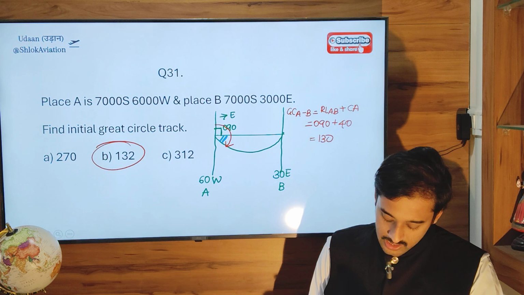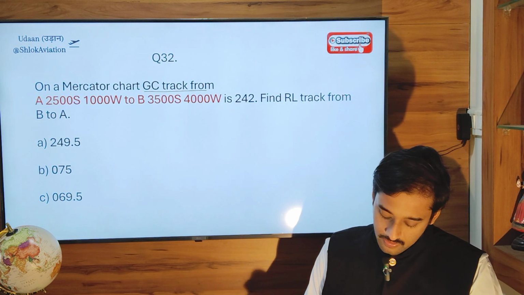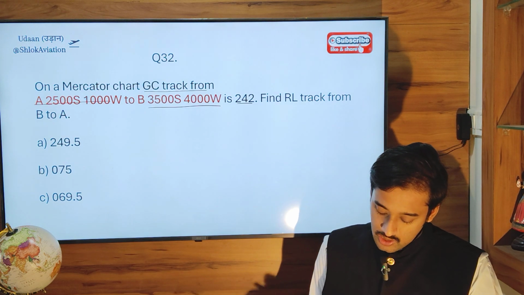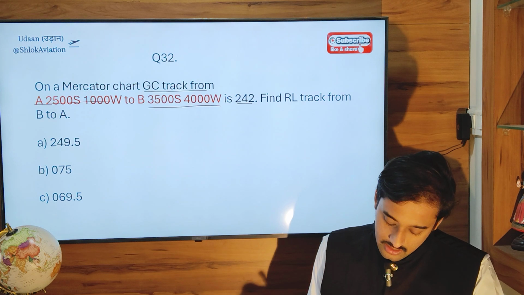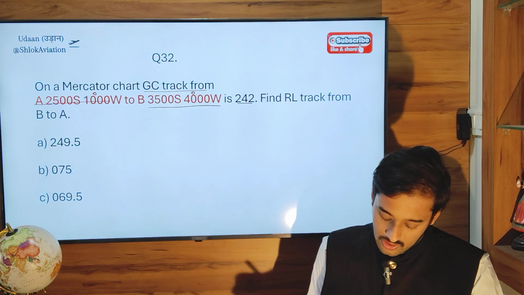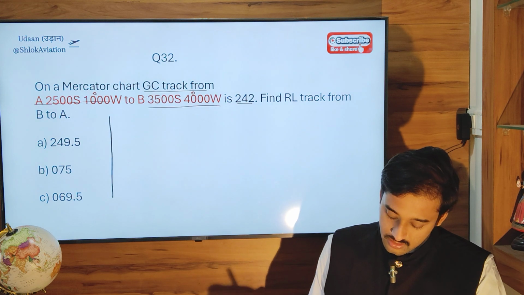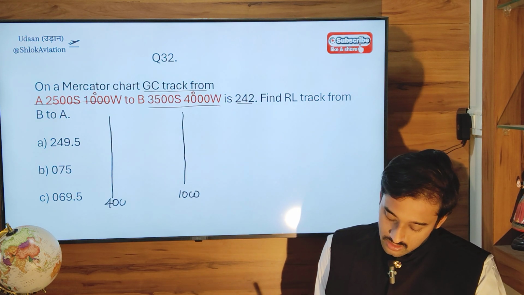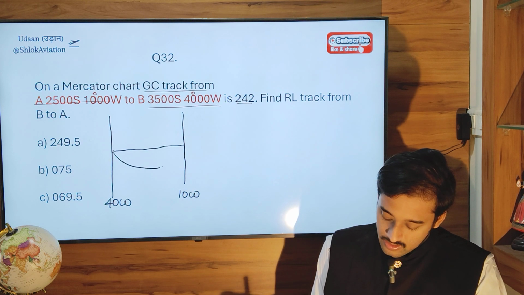Okay. Now let's go to the last question for the day. Great circle track from A to B is 242. So let's draw this. One is at 10 degree west, another is at 40 degree west, and we are in the southern hemisphere.